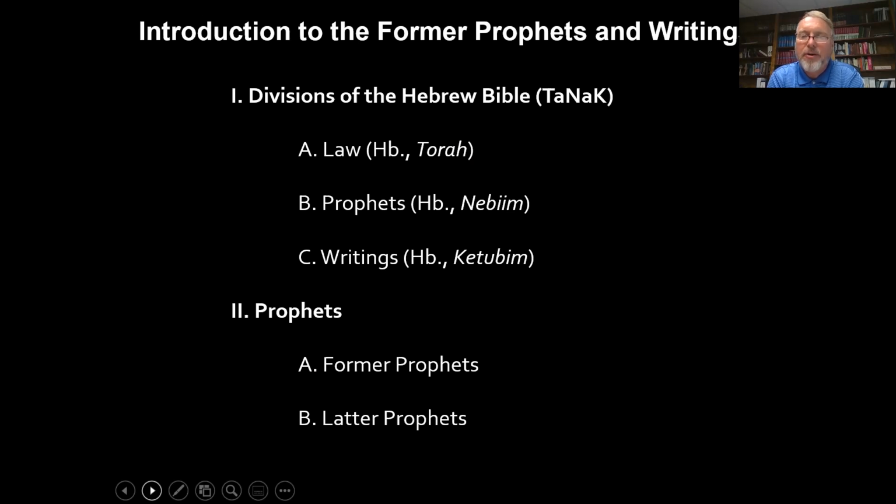And then the third section is really the last section of the Hebrew canon to be developed. And it is kind of a catch-all category for the latter writings of the Hebrews. And it is known in Hebrew as the Ketuvim. Primarily, this is the wisdom literature.